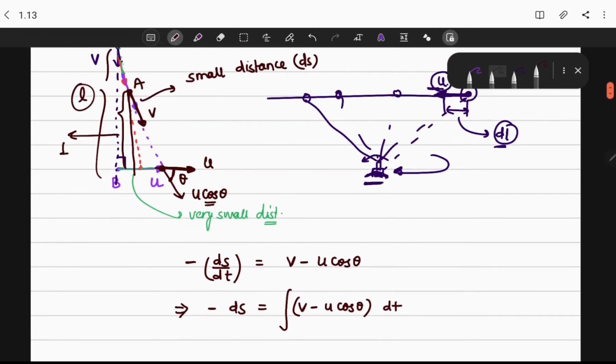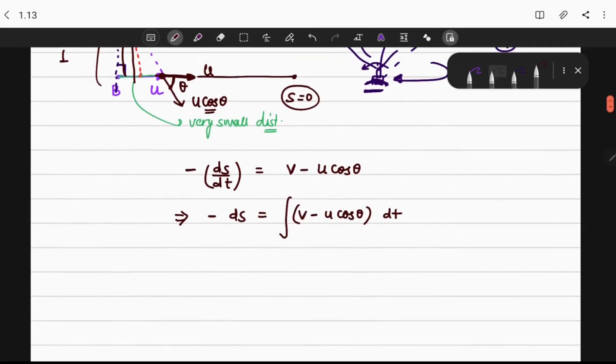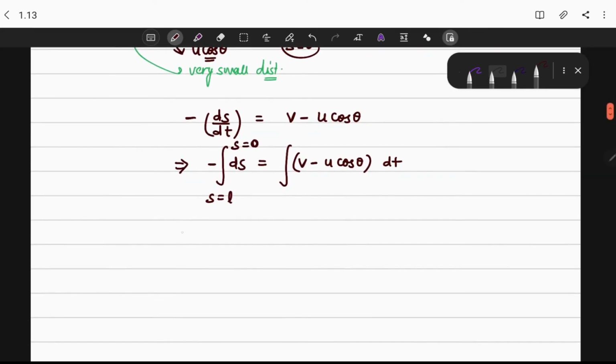We know that the initial distance was small l, and later on they will converge to a single point, so at that point s is equal to 0. So we can write the integration of ds from s is equal to l to s is equal to 0. If we integrate this, we will get l is equal to integral of (v minus u cos theta) dt.